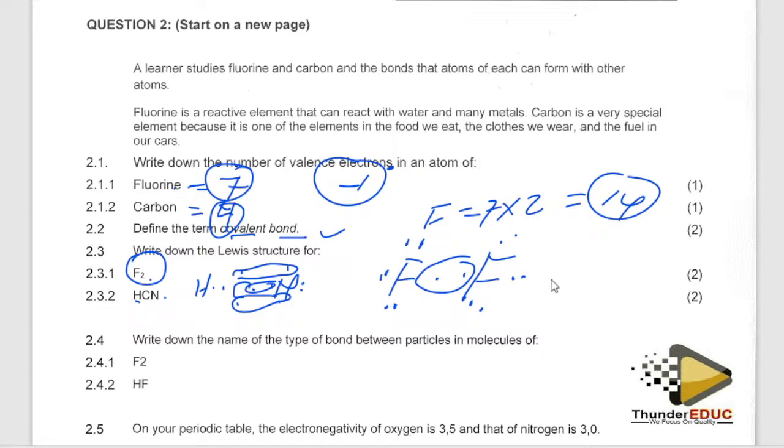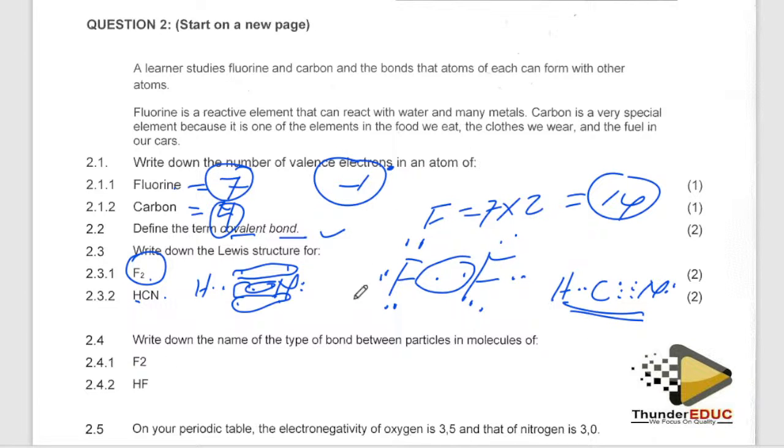Hence, the structure is going to look like this: hydrogen bond, and then you have carbon, 3 of them, and then nitrogen, also 3 of them. And then nitrogen has a lone pair. So basically the structure is going to look like that.